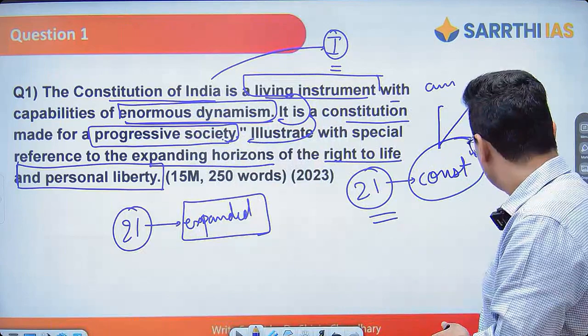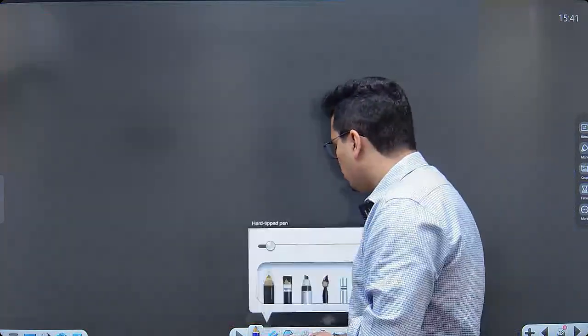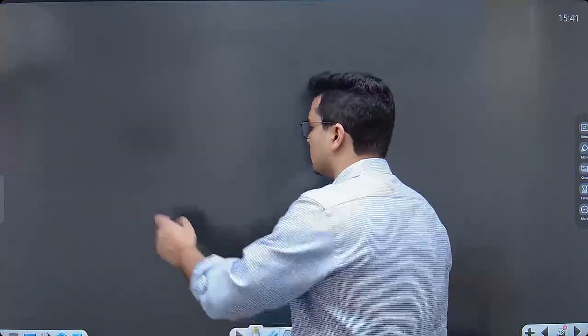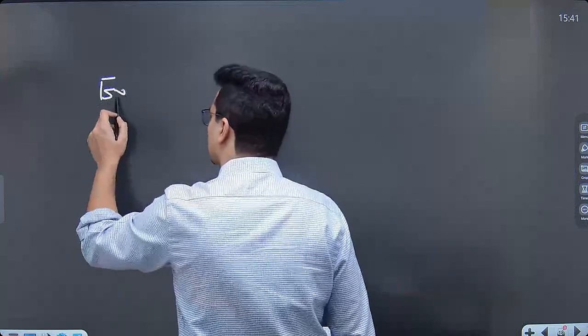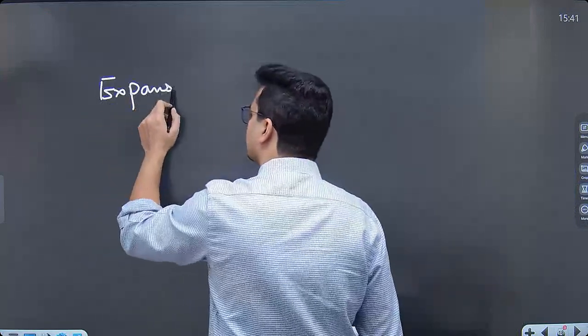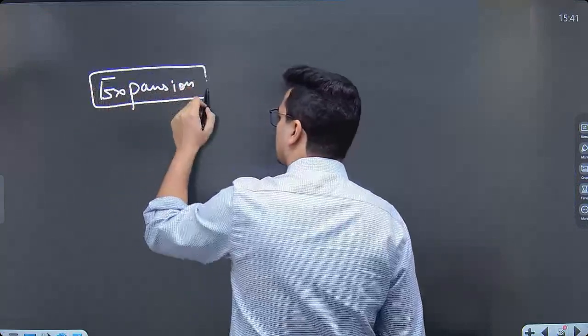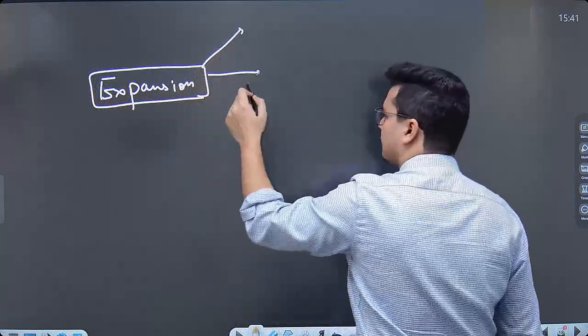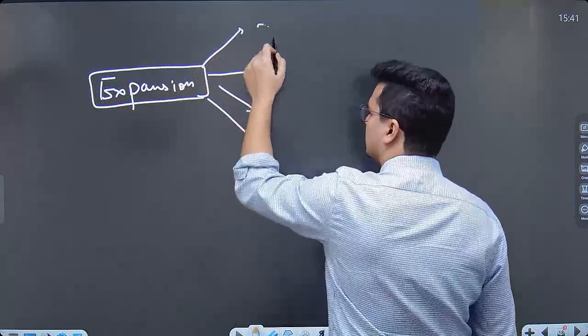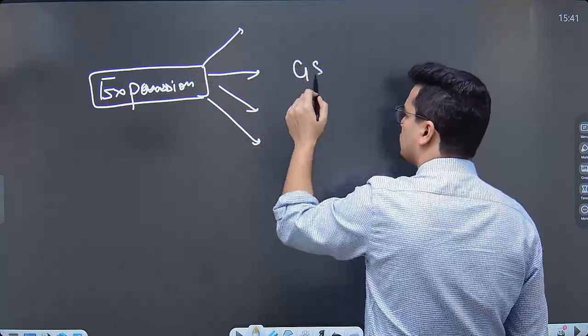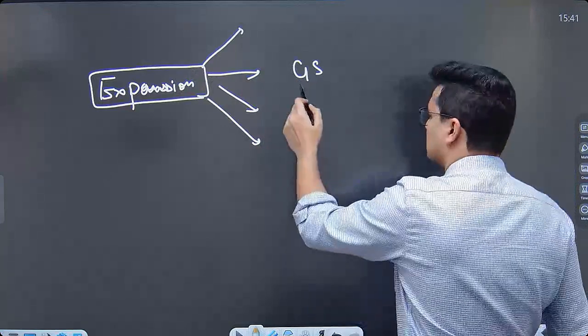Now, to talk about this expansion, it has happened in various areas. And when you get a multi-dimensional question like this, it is always better to use a GS paper-wise approach.